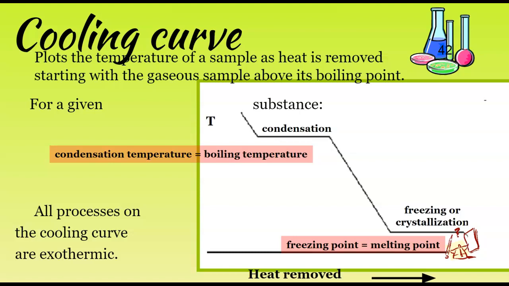Okay, cool. But because this is happening, condensation is happening at the flat line instead of boiling. It's the exact opposite of the heating. All right, so instead of melting, I'm freezing or crystallizing or solidifying or fusing. Okay?